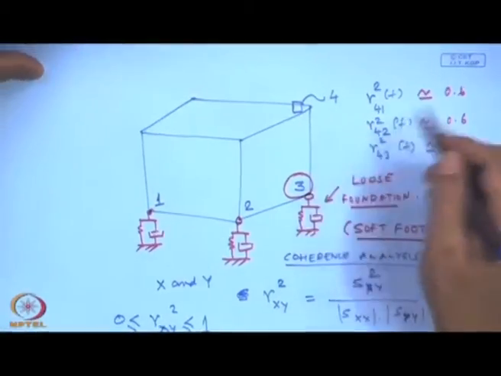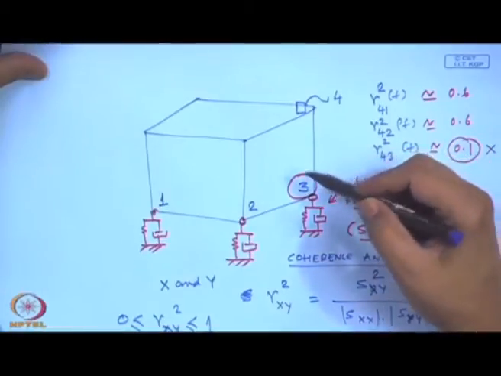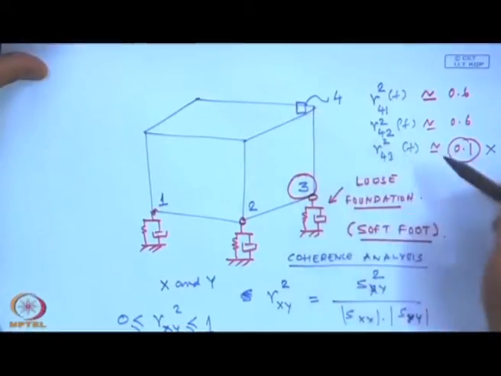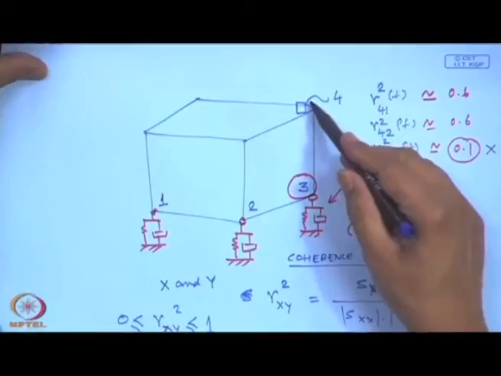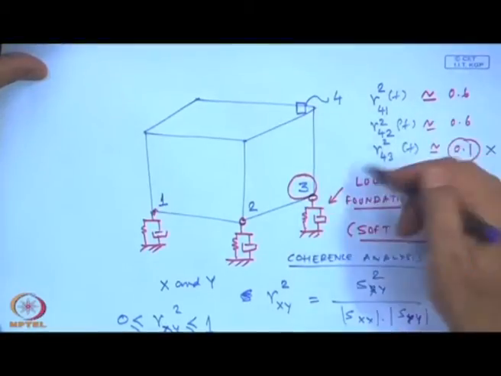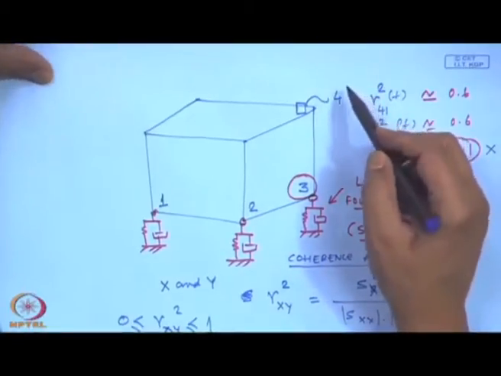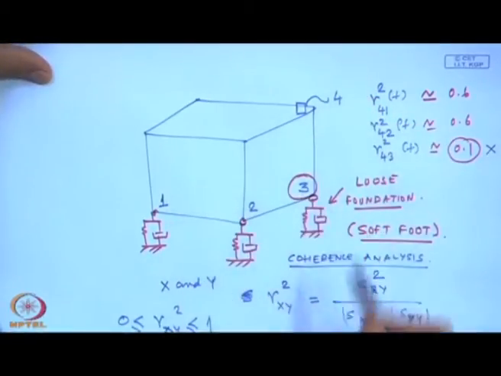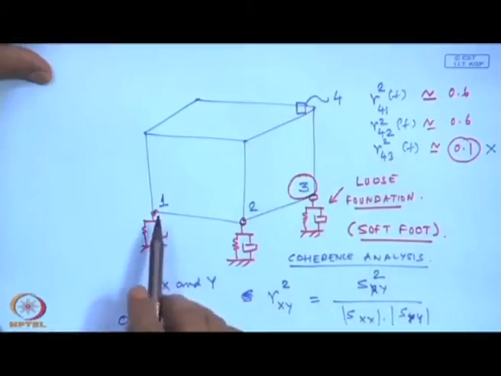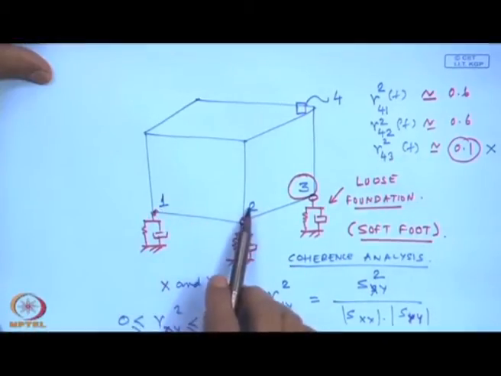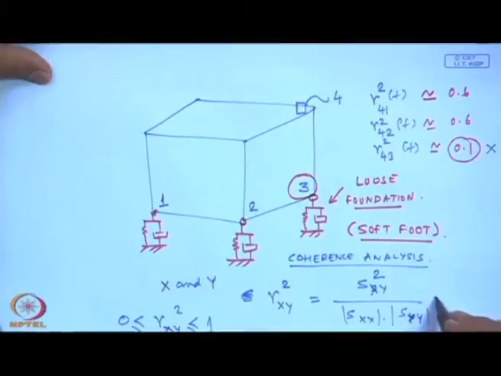So, the coherence function actually relates one signal to another. You can measure them simultaneously, or you can measure them by dual channel signal analysis, one at a time. Like suppose your x is 4, y could be once 1, once 2, once 3, and then you could do this computation.